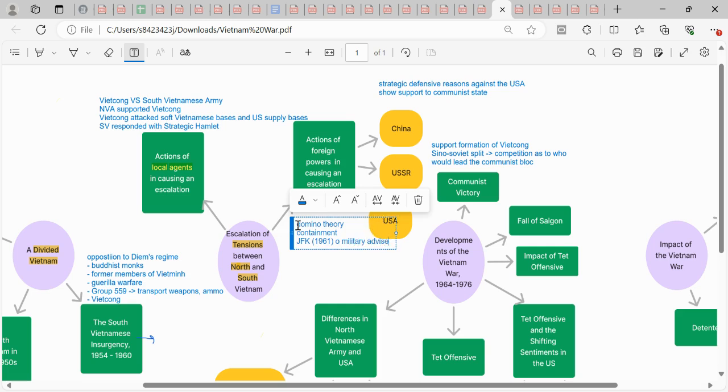All right, they want to show their support in the form of military advisors. This one is good for you to know: MACV, which is the Military Assistance Command Vietnam.